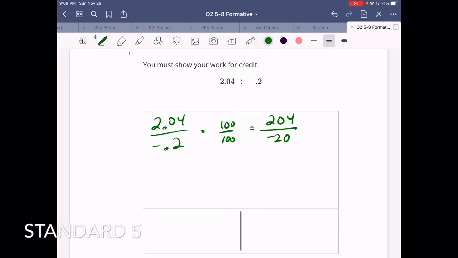I can simplify that. 4 goes into both of those. That is 51 over -5, which is 10 1/5, which is 10.2. Let's see if I get the same thing if we do the long division here.